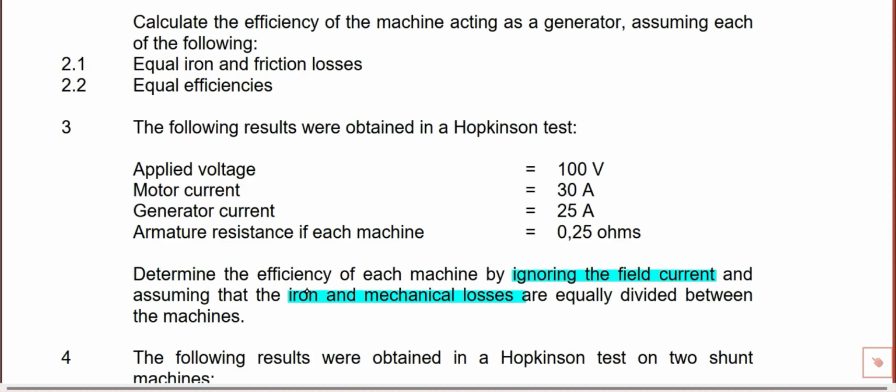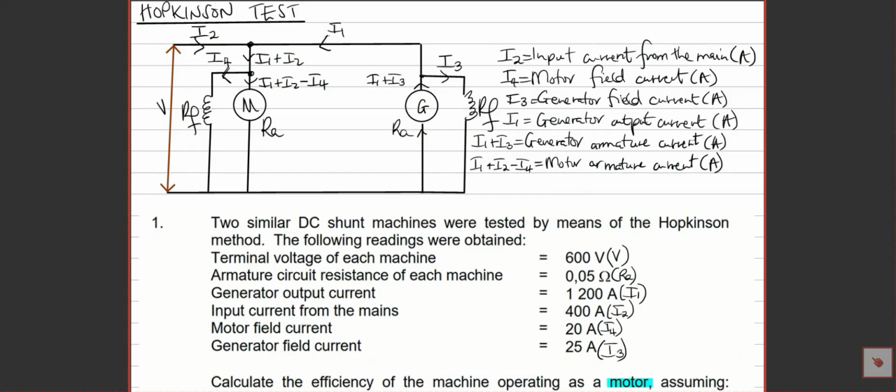So first, you're looking for the efficiency of each machine. I'm not going to be answering this question, but they're looking for the efficiency of both the generator and the motor by ignoring the field current. So ignoring the field current, here's what happens to this circuit. If you're ignoring the field section, then you should not have it. Because you don't have the field, it will also affect how you write your formulas, which means you don't have I4 there.